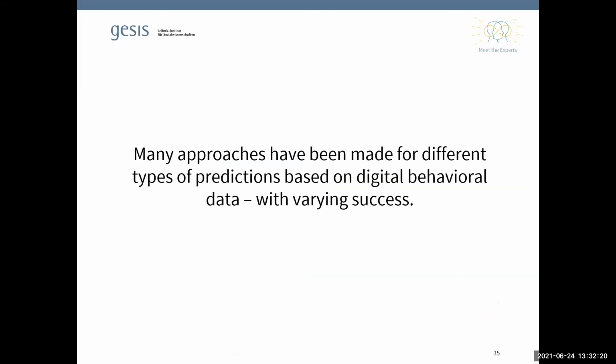Prediction approaches exist in very many contexts in computational social science. A quite large subportion of computational social science and computational methods is dealing with finding approaches to predict certain things based on digital behavioral data. And this is happening with varying success.